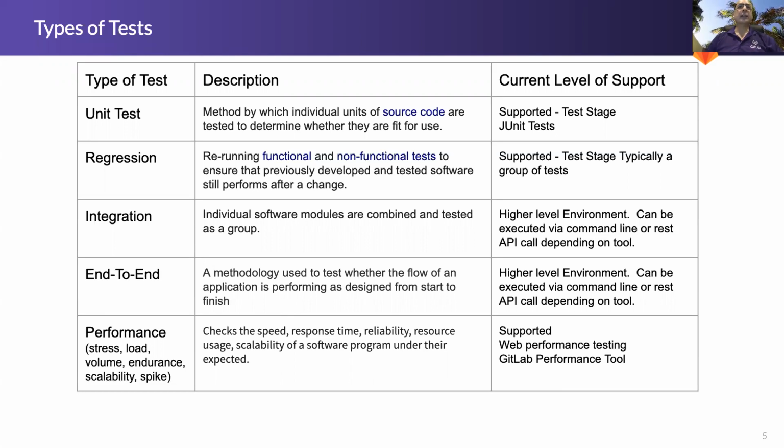Integration testing is where you're more concerned with individual software modules as they're combined. You want to make sure that they work as a group. So this is generally done in a higher level environment. Could be a staging environment, could be even something before production that a customer may have here.